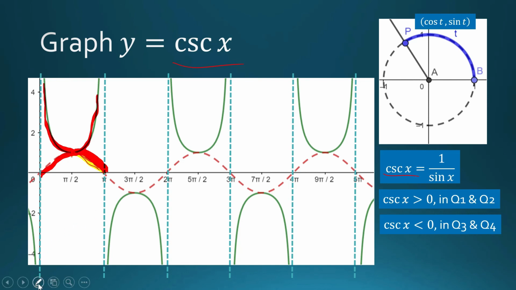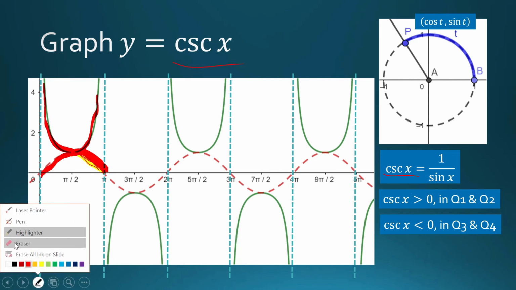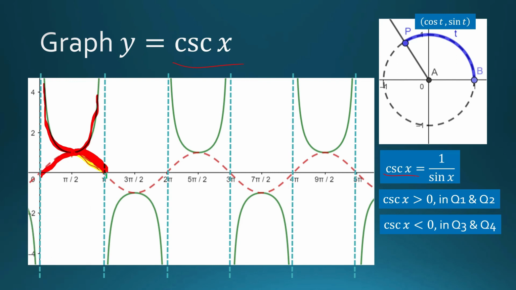How about in this part? Let us go to the third and fourth quadrants. Sine of 3 pi over 2 is negative 1. So cosecant of 3 pi over 2 is 1 over negative 1, so it's also negative 1. Look at this. My sine function is increasing from 3 pi over 2 going to 2 pi.